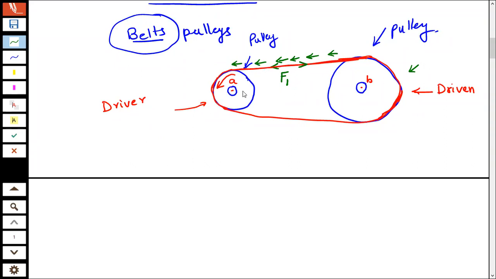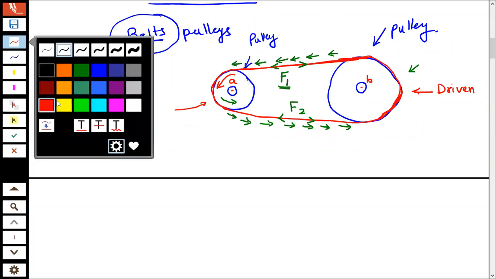Let's say that the tension on this side is F1. That tight tension is F1. At the same time, over here, since the pulley is rotating in this direction, it is going to throw away the belt. But still there is going to be some tension on this side, and this tension is going to be less than F1. Let us call this F2. So this side is going to become a little bit looser.